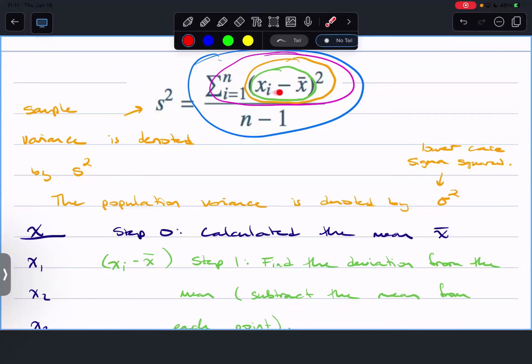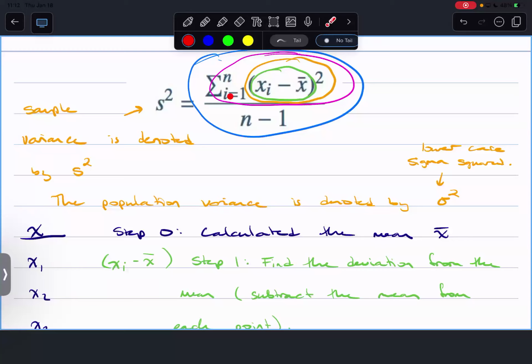But what's the first thing that we did? Well, we had to find the mean, because the mean is here in X bar, right? So that's your first step, step 0, I guess. And then we take the distance that each value is from the mean, right? And so the deviation from the mean. Some of them are positive, some of them are negative. We squared those to get rid of the negatives, but also to amplify large deviations.